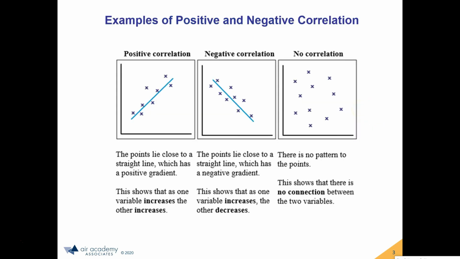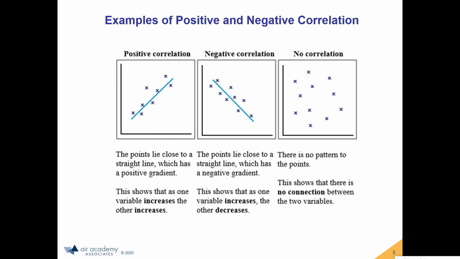So, the next slide shows you some examples of positive and negative correlation. Positive correlation, shown here on the left, shows that as you look at the X variable, that is the horizontal axis, from left to right, you'll see the points in the Y direction going up to the upper right. That's a positive slope or gradient, and we call this a positive correlation.